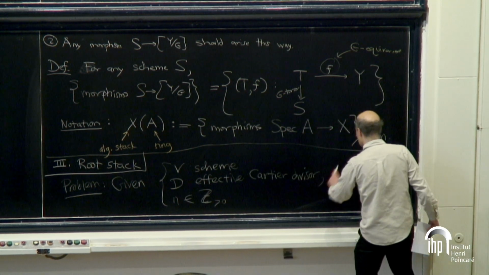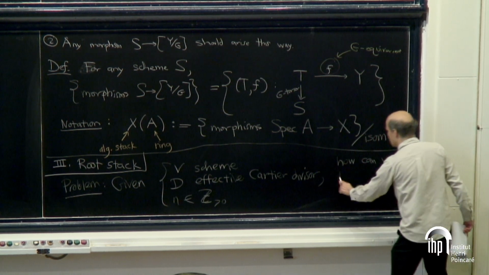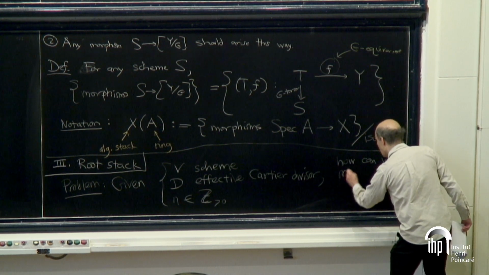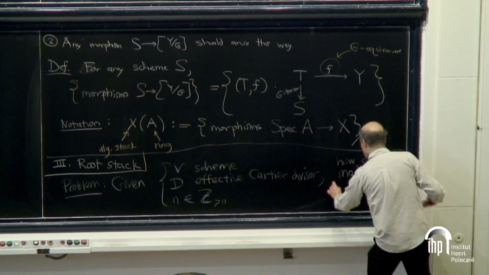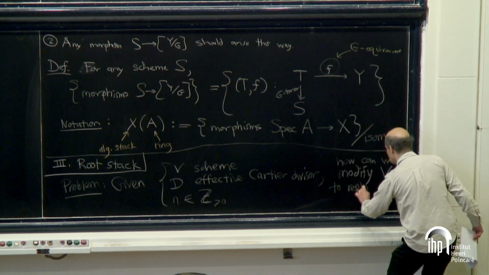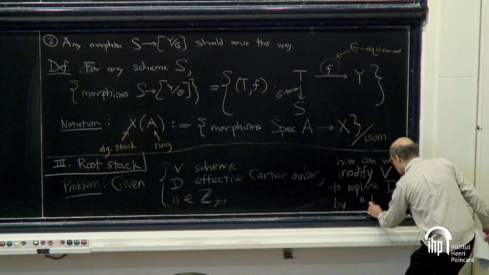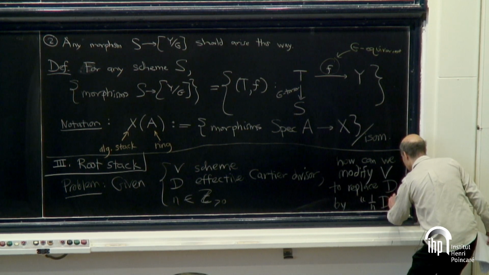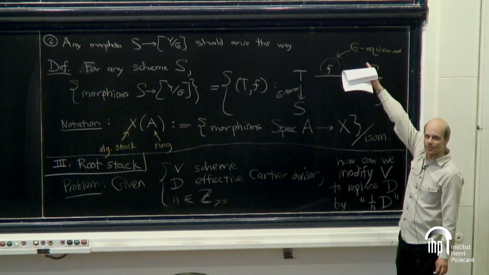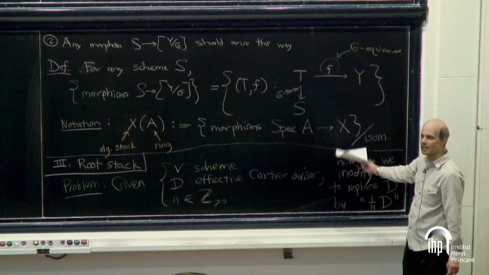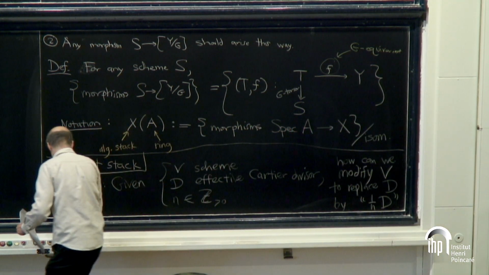The question is, how can we modify V to replace this divisor on V by sort of a fraction 1 over n of D, in the sense that I have here, where I've taken p1 and replaced some of the points by half points? So what does that mean? That's the question. How do you make sense of this?